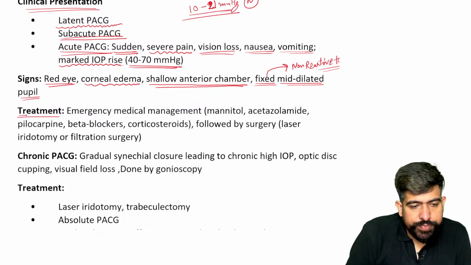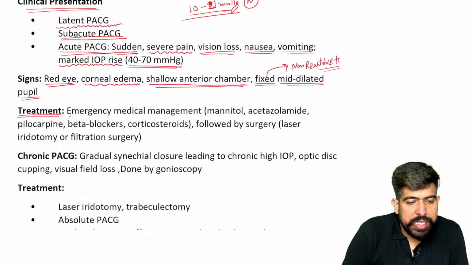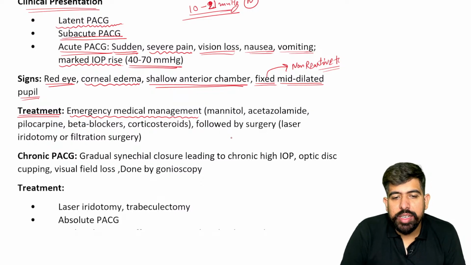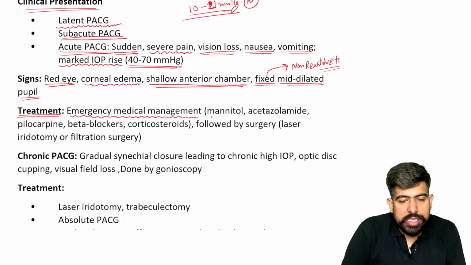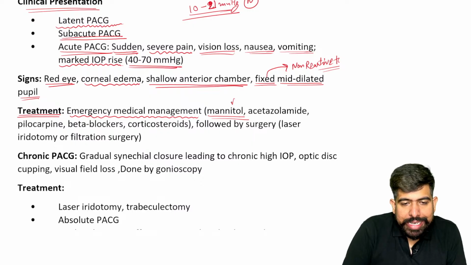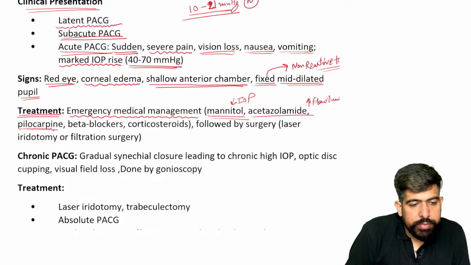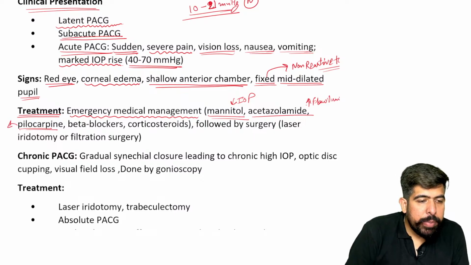Now, the treatment. What can we do for the treatment? Guys, please remember it is a medical emergency and management should be given. What is the emergency medicine? Please remember, we have to give mannitol for decreasing the IOP. We should give acetazolamide, and for increasing the flow by the uveoscleral pathway, we can give pilocarpine, and it will break the synechiae.